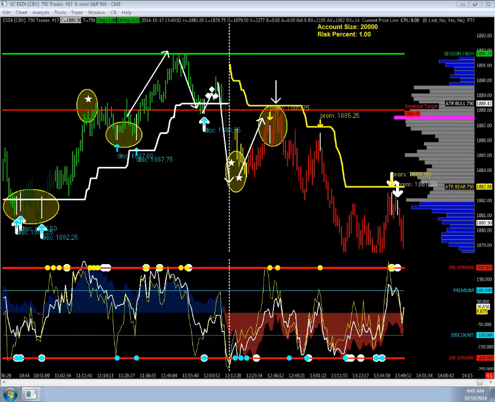Once that premium signal has alerted us, the question is, where do we take trades from here? Again, we know we want to be taking shorts. Once that alert line is there, one way is simply to draw a line at the base of it, which is the 1885.75 price point, and look to take shorts on a break of that low.